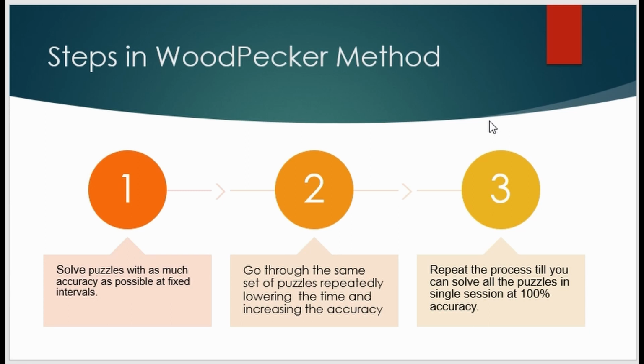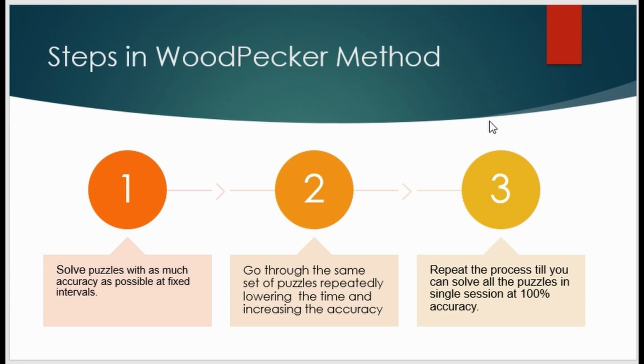Now, once we complete one iteration, we plan for the next iteration. In the next iteration, we typically reduce the time by half. For example, if in the first iteration you have taken 10 days, in the second iteration we try to solve the same number of puzzles in 5 days.